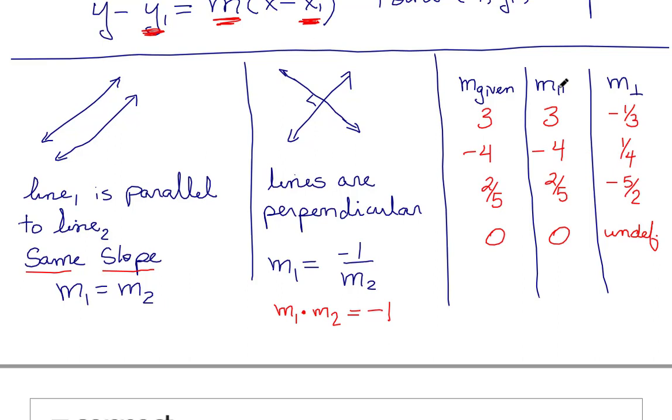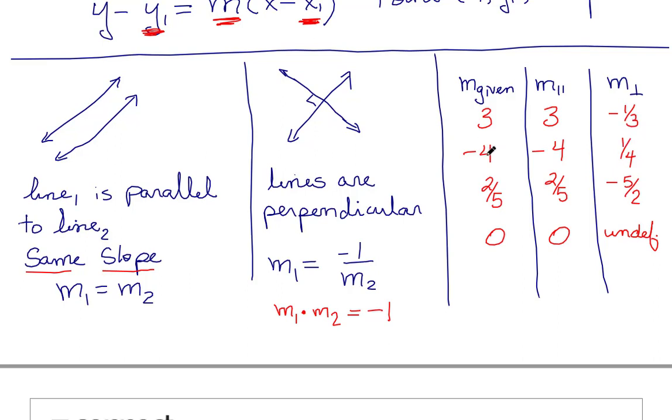So here's a table. Supposing we have a line and its slope is 3. Then if I had another line and its slope was 3, they would be parallel. And if I wanted perpendicular, I would need -1/3. You see, 3 times -1/3 is -1.